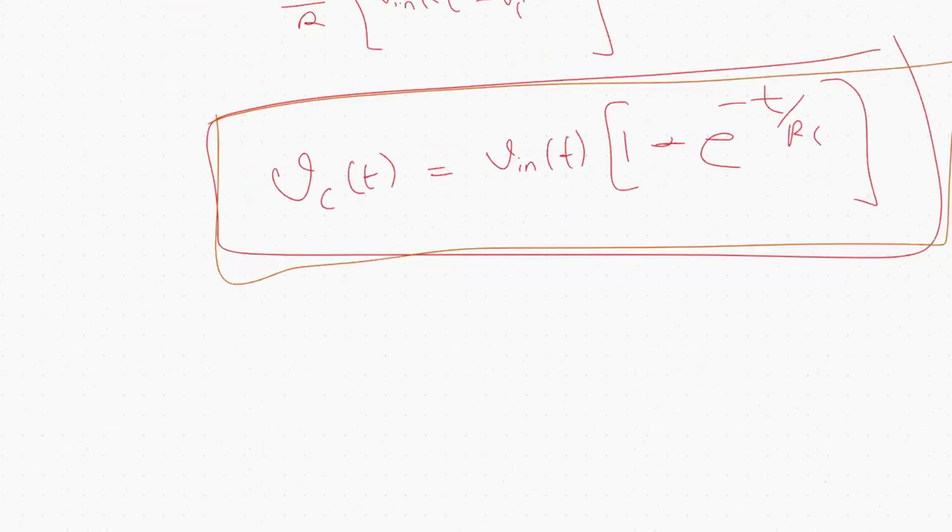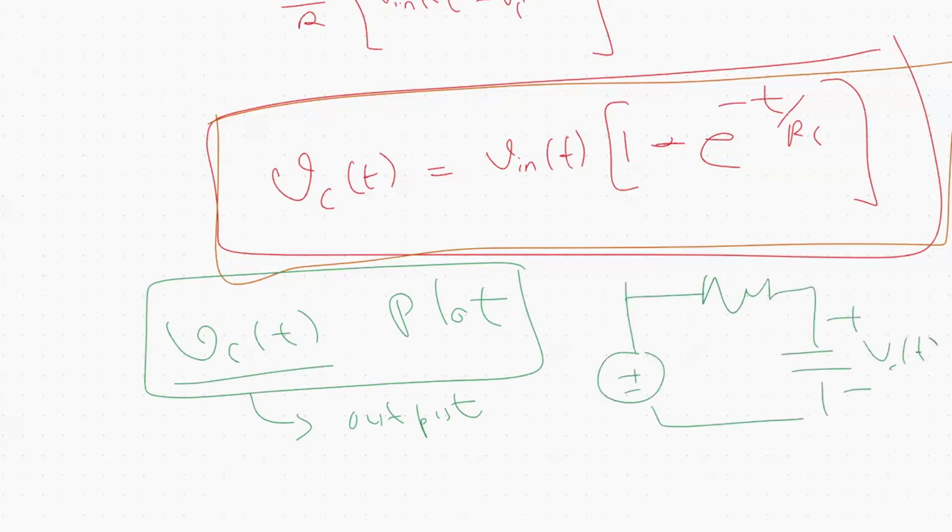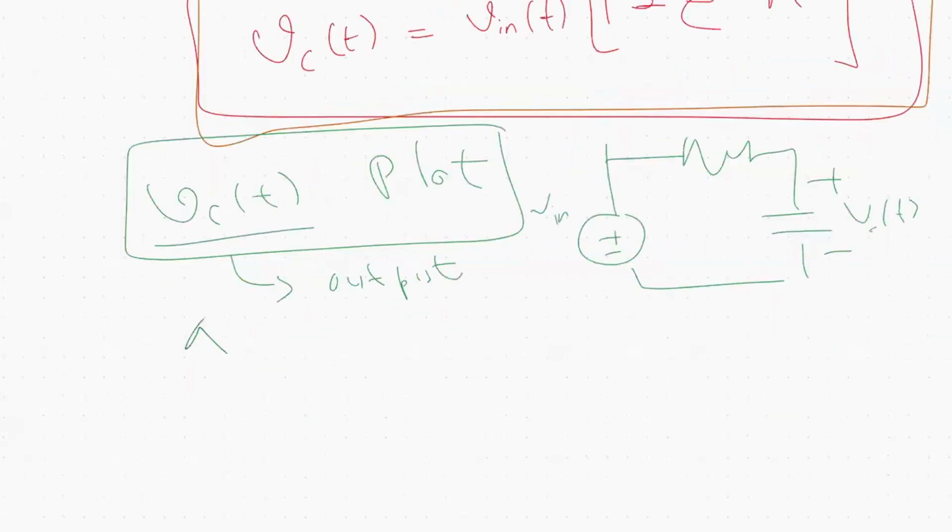Yes, we were talking about plotting. VC of t plot. Assuming that VC of t is the output, and our tau is equal to RC.